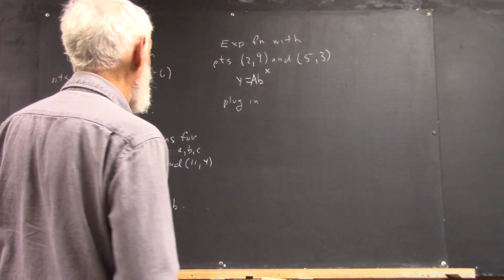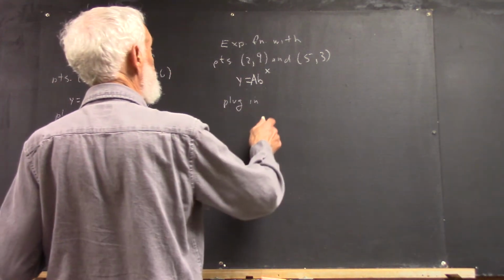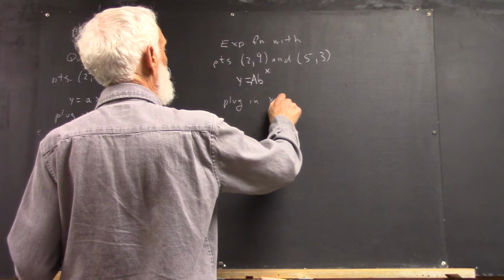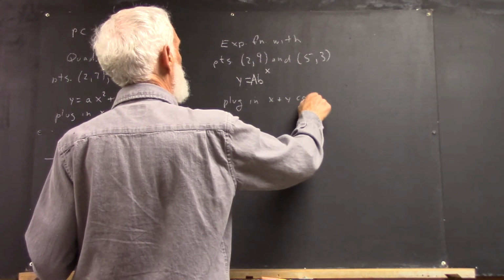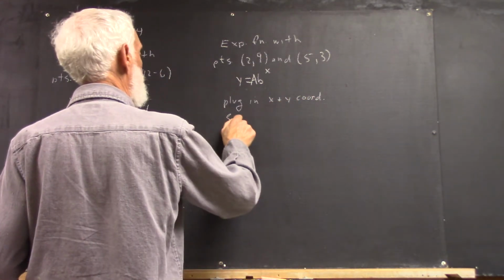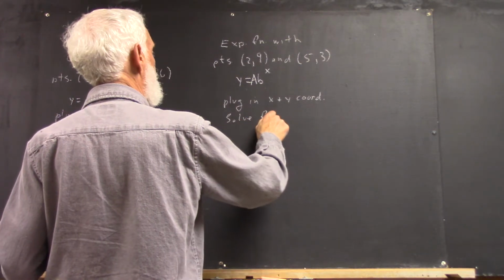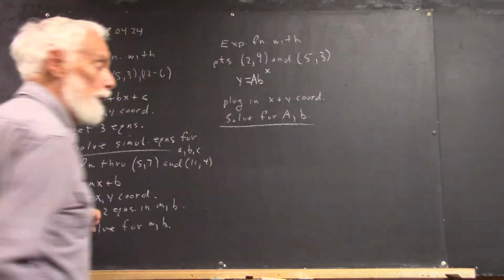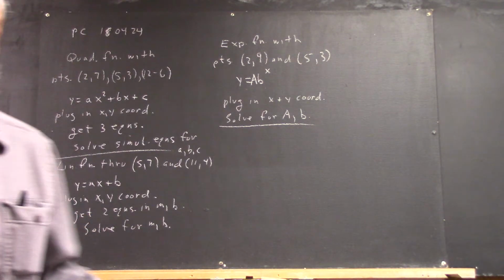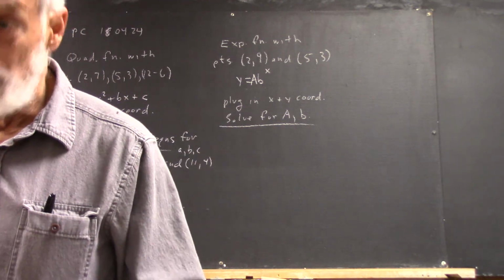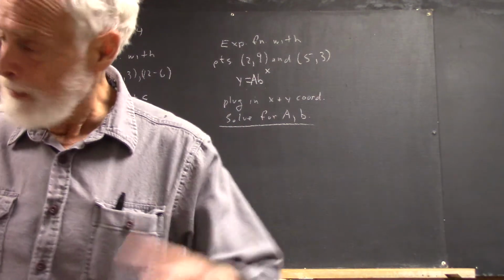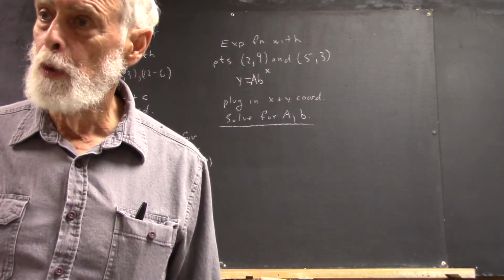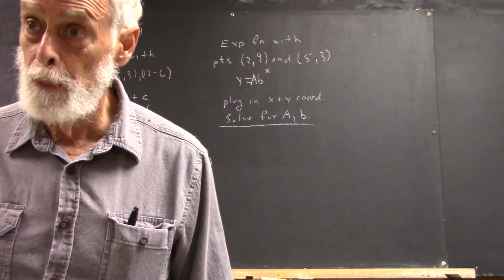So you plug in the x and y coordinates and solve for a and b. We've done that. I showed you how to do it. I'm going to ask you to do it for homework, just for one function, to warm up, and then I'll give you more to practice on over the weekend.